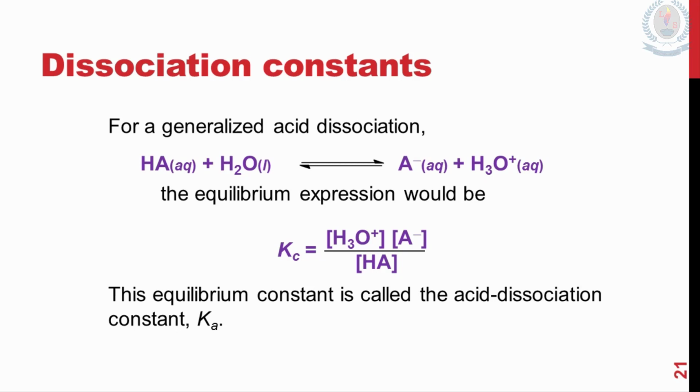This is an ionic solution, so we can write the equilibrium constant using concentrations of ions. In here this equilibrium constant is called the acid dissociation constant, and we give the symbol Ka for this constant.